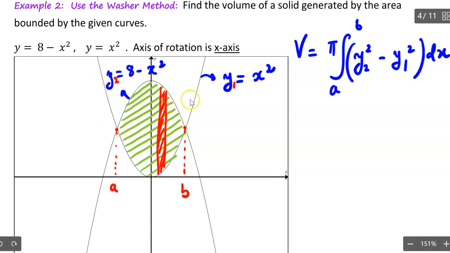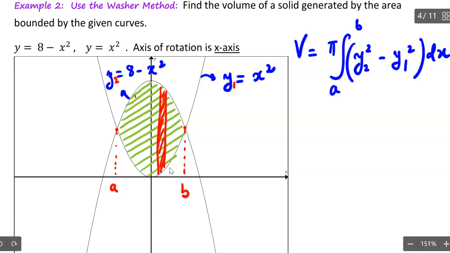If you look outside, it tends to look like the parabola that opens up is the upper function and this one is the lower function, but it's not. Make sure that you are working with the area indicated to you. It's very important to shade this area in and then realize which one is the upper function and which one is the lower function.